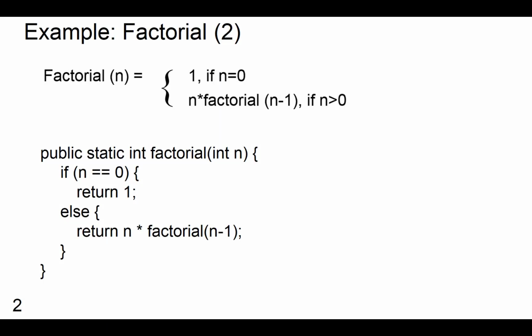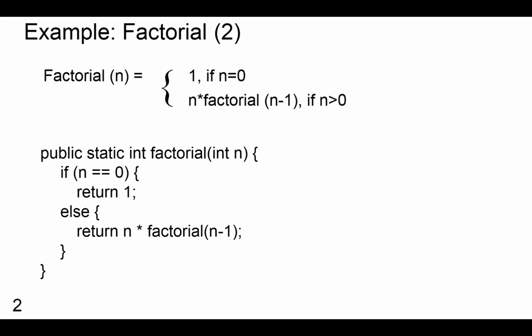Based on the recurrence relationship, we can easily translate it into a method. The recurrence relationship can be written with the recursive step, and the base case can be written with the base case.